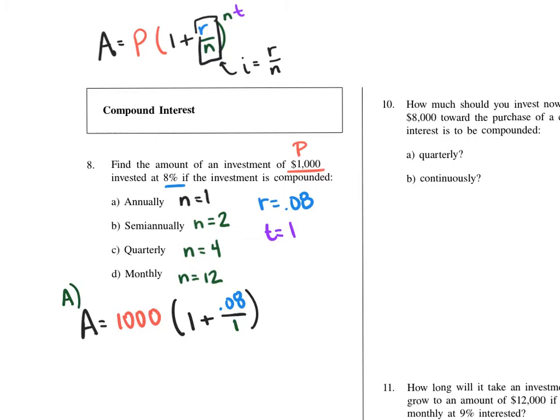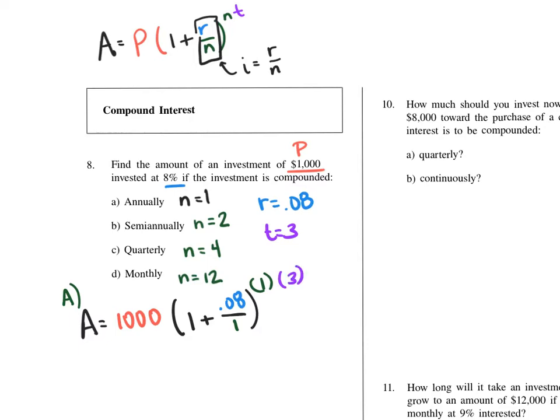Let's actually make T be 3 years, so we actually have a number to work with there. So let's assume that the time here is 3 years. No time is given, but I'm going to make it 3 because that's what I want to work with right now. So we would have N, which is 1, times our T, which is now 3. We changed it to 3 years.